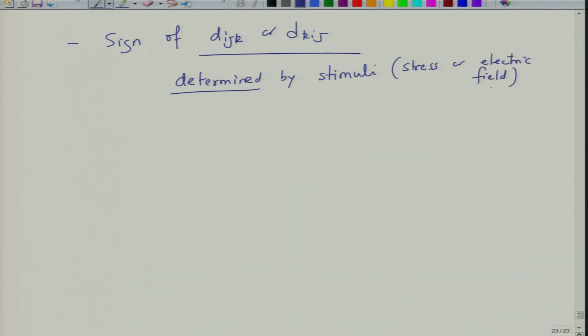So, you may have compressive strain, you may have tensile strain, similarly you can have charge density. So, the polarity of the electric polarization will change as you change the direction of stress also, whether compressive or tensile stress is applied.